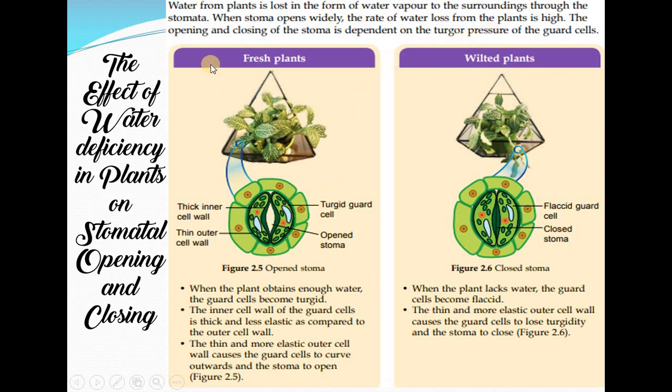As we can look here, this is a fresh plant, and this is the wilted plant here. Let's discuss what happened in the fresh plant. When the plant obtains enough water, the guard cells become turgid.